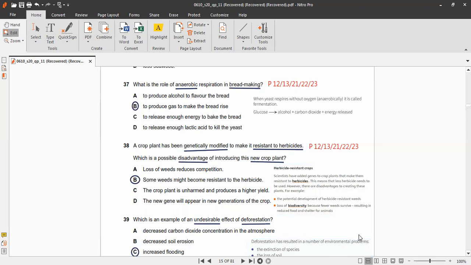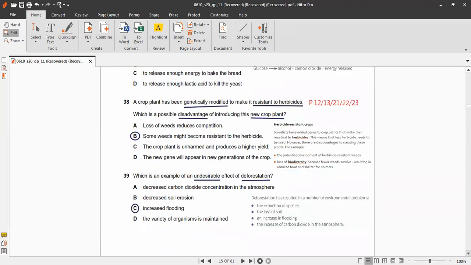This means that less herbicide needs to be used. However, there are disadvantages to creating these plants. For example, the potential development of herbicide-resistant weeds and loss of biodiversity because fewer weeds survive, resulting in reduced food and shelter for animals. So the correct answer B.